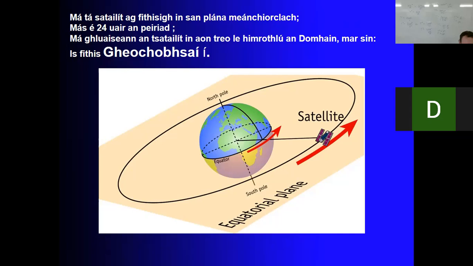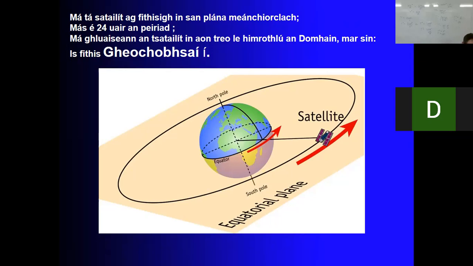The satellite is directly above the same place as the Earth rotates.